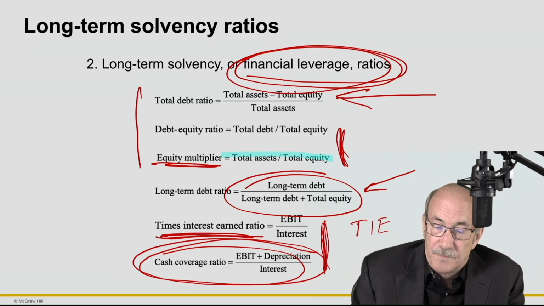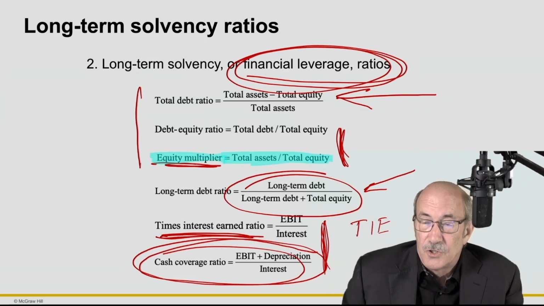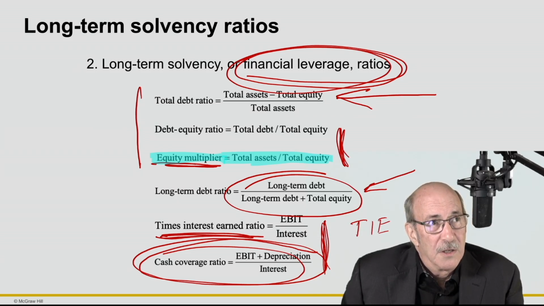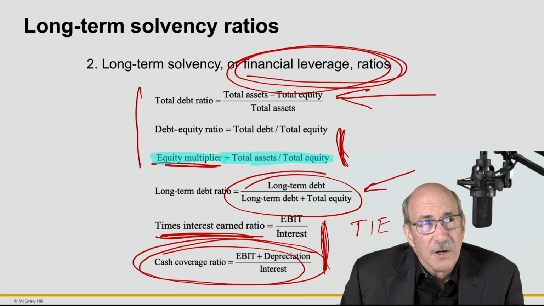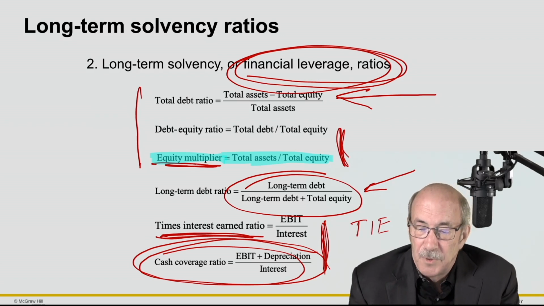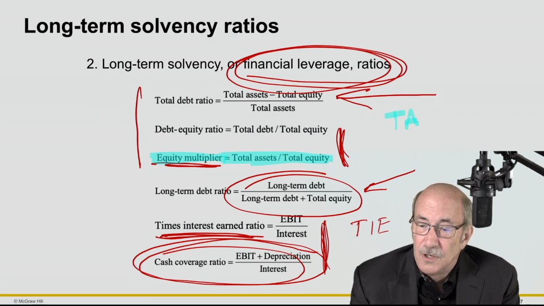Right here is our equity multiplier, right? Total assets over total equity. So the higher that ratio is, the more debt we have. Again, remember, total assets over total equity.